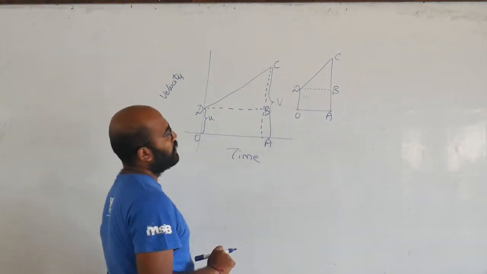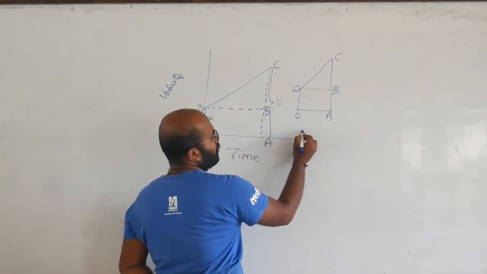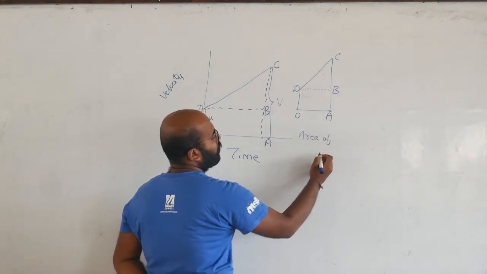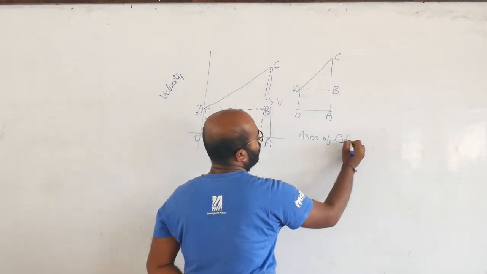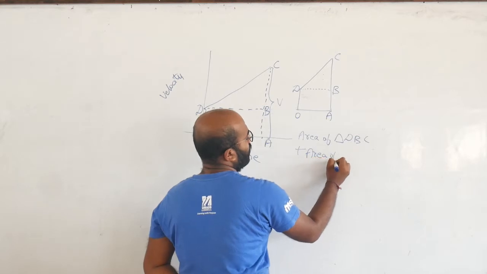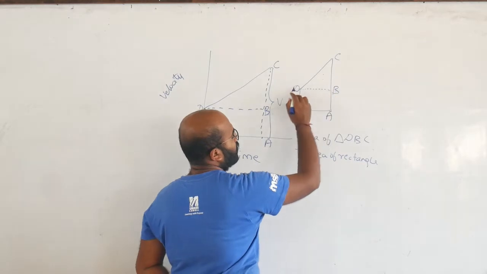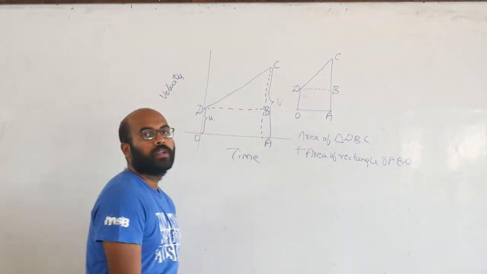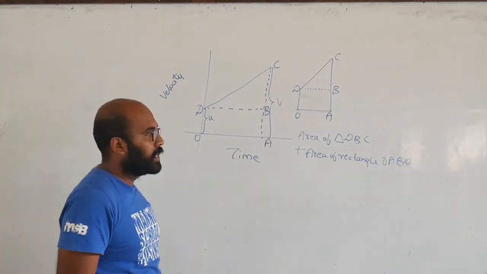So if I want to find the total area, I need to know the area of triangle DBC plus the area of rectangle OABD. So this gives me the entire complete area.